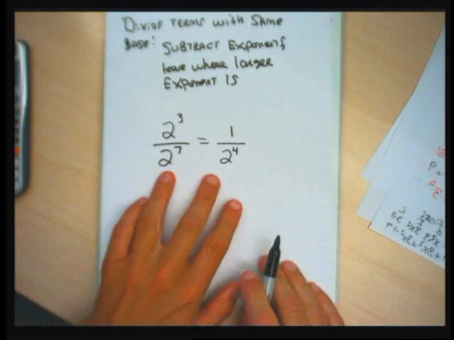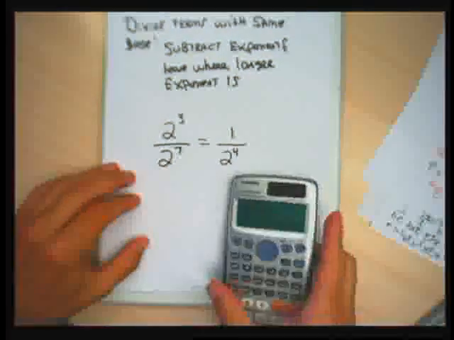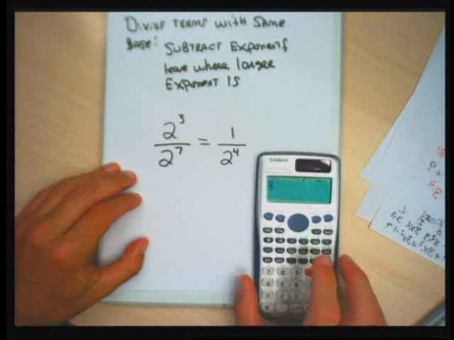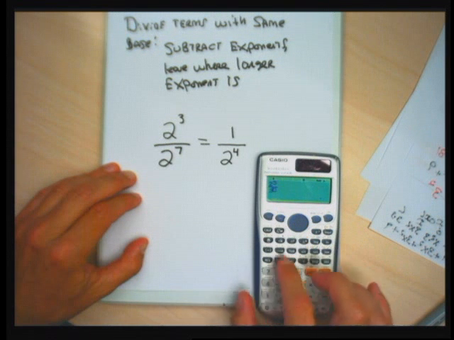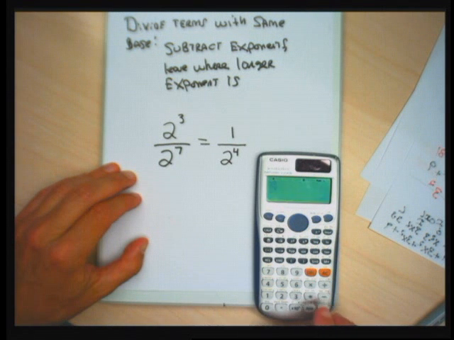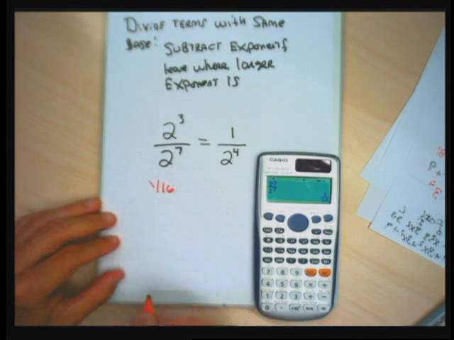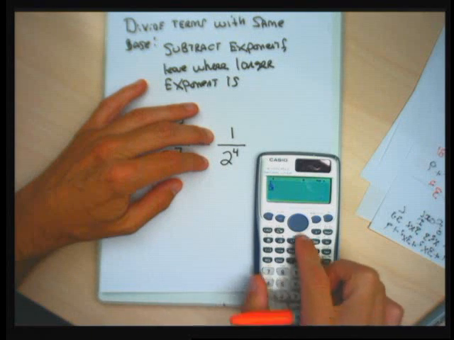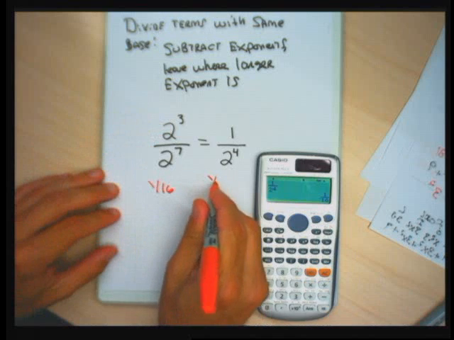So I claim that these two are equal, and I can show you that they're equal because they don't have letters. I can do them on my calculator. The initial problem is 2 to the third power over 2 to the seventh power. The initial problem reduces to 1/16. If I look at what I say the answer is, 1 over 2 to the fourth power, it also reduces to 1/16.